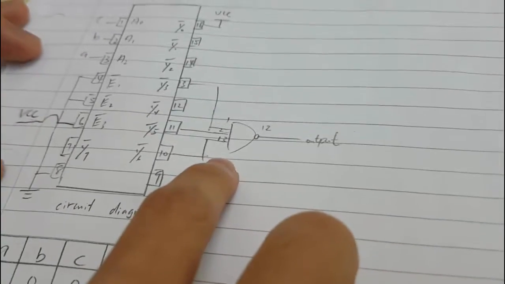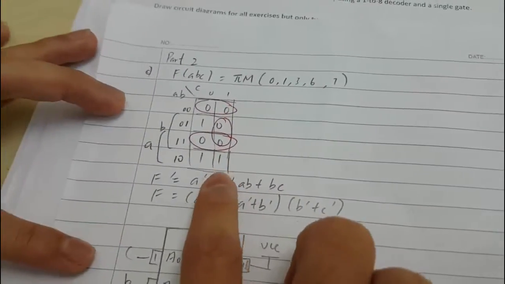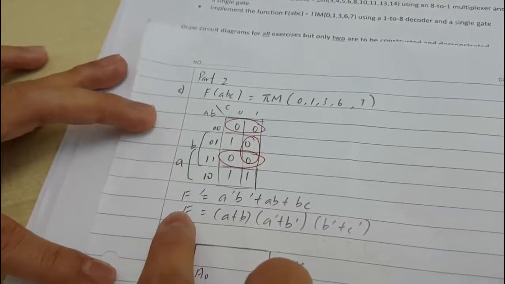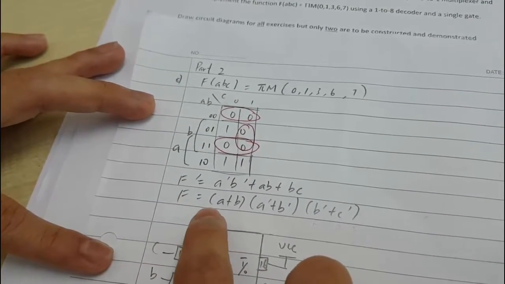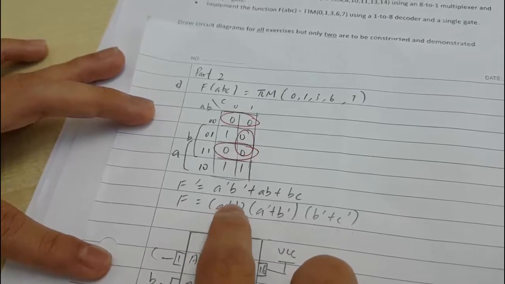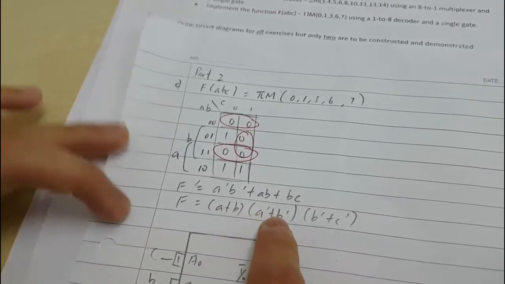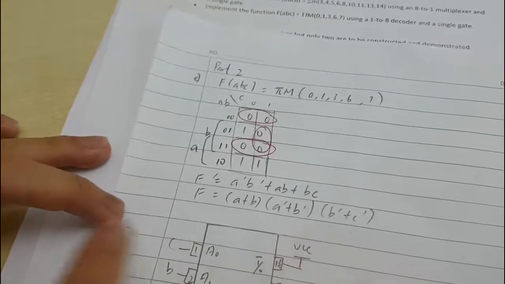And the gate we use is a 3-input NAND gate, and from the question we get our Karnaugh map, which is like this, and we get our complement F equals A prime and B prime, or A and B, or B and C.